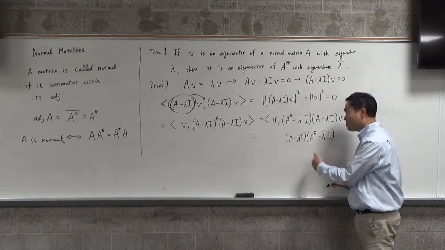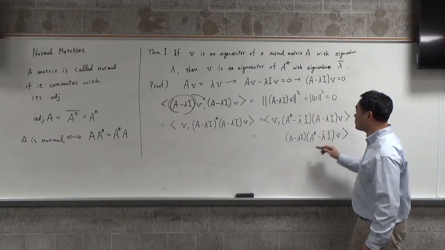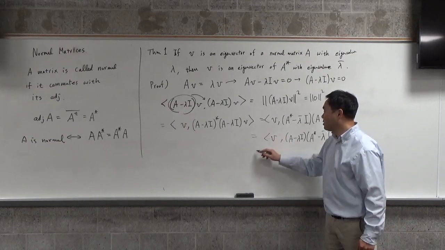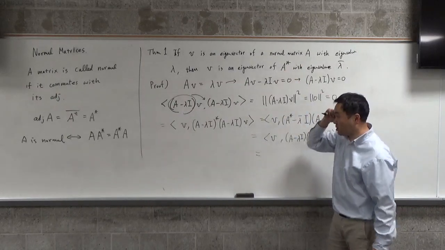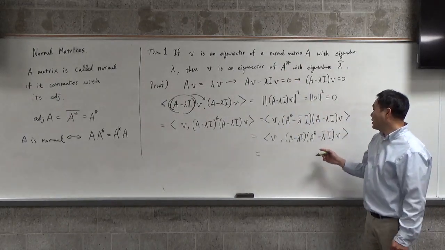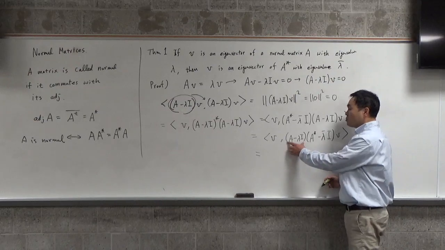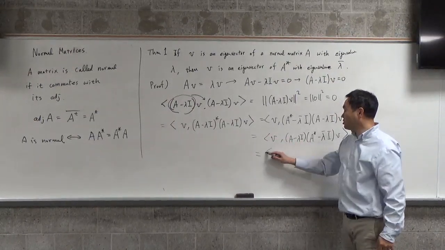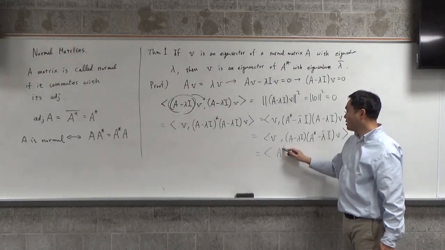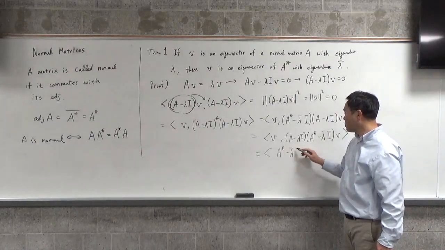These two things commute from being normal, because normal means A and A star commute. And now you're going to move this to this side, again using the adjoint. If you use the adjoint to move it to the other side, the same reasoning applies, giving you this.